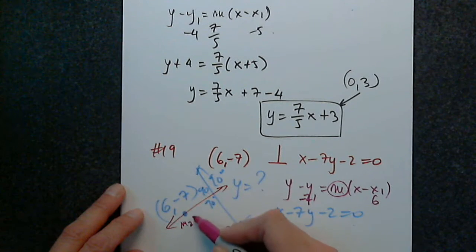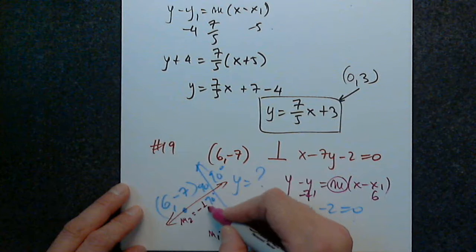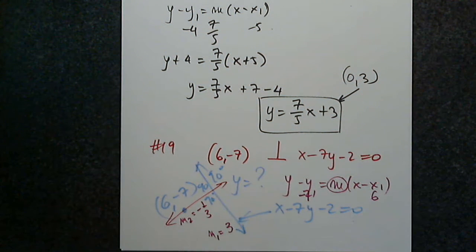How much will be m2? Negative 1/3. Very good. Why? Because the product has to equal -1. Negative 1/3 times 3 is -1. I'm going to erase it because this was just an example.